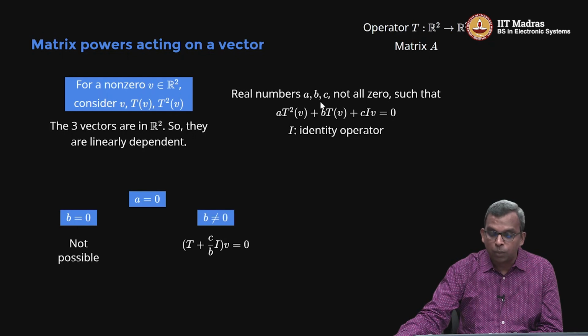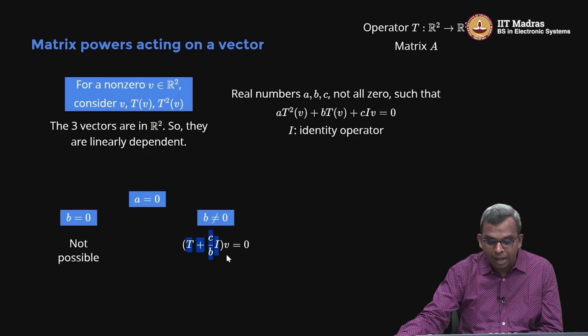If b is not 0, then you can divide by b. With a being 0, you divide by b, take v common out, and make it an operator equation, and you see this (T plus c by b I), the whole operator, acting on v. This is the same as T v plus c by b v; I have just rewritten it.